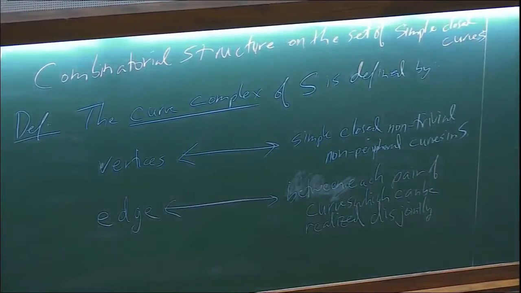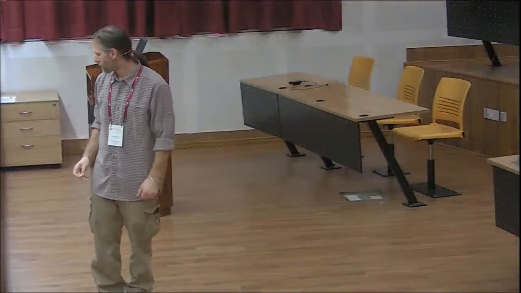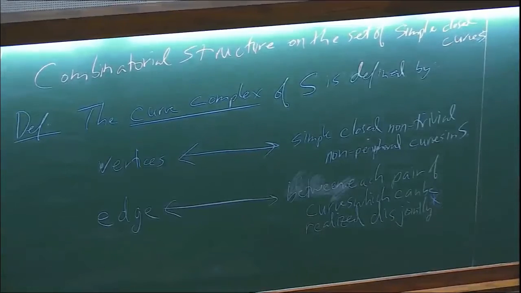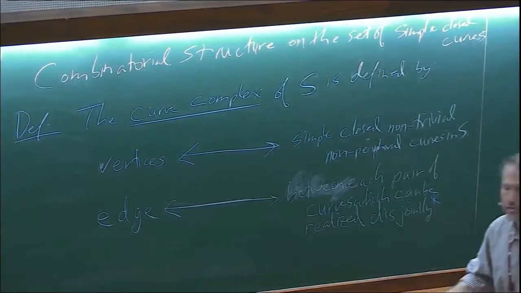If you can homotope that pair of curves so that there are representatives which are disjoint, then you connect them by an edge. And let me put a little asterisk next to disjointly, and we'll come back and say what that asterisk is for in a few minutes. So those are what the edges are.